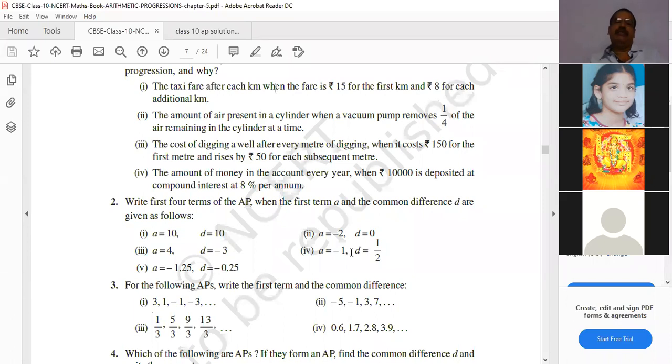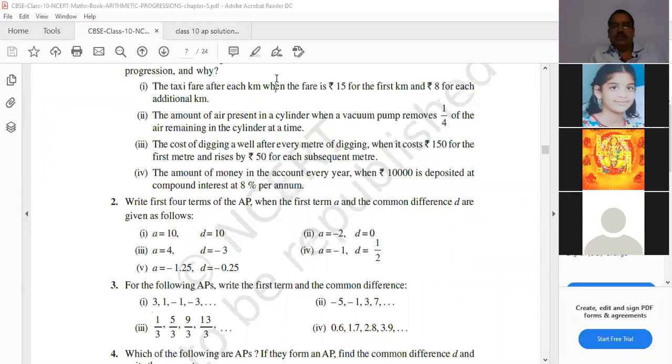A equals minus 1, D equals half. You can tell anyone. You can try it. First 4 terms.